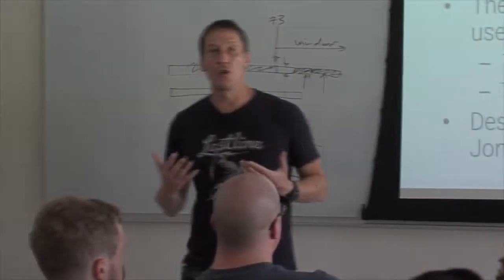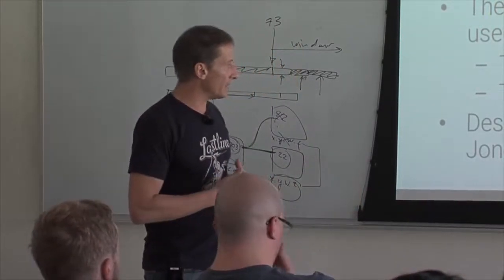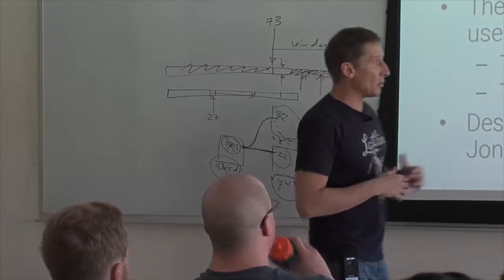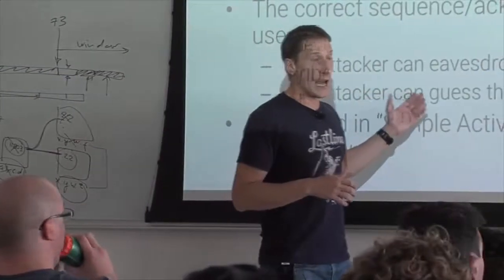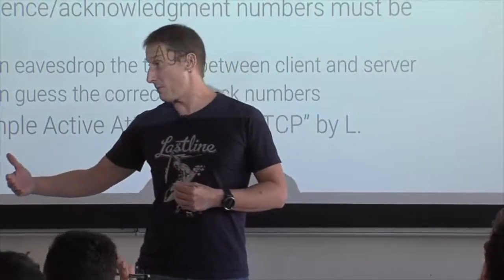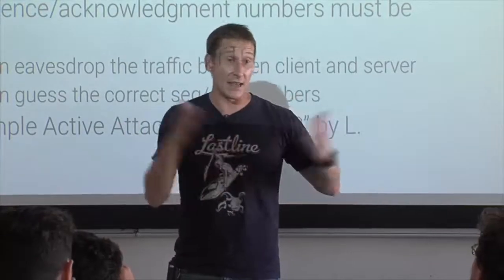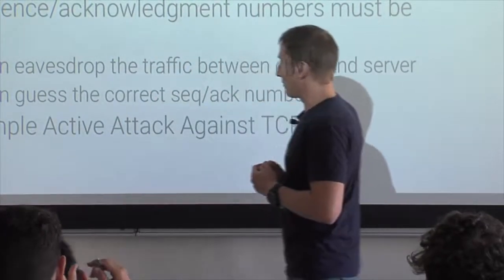Of course, you have to have the right sequence and acknowledgement number, and that's a difficult thing. So either you eavesdrop the traffic, or of course you have to guess it. Guessing now requires 2 levels of guessing. You have to guess the initial sequence number, and you have to guess how much data they have exchanged so that you get the right number.